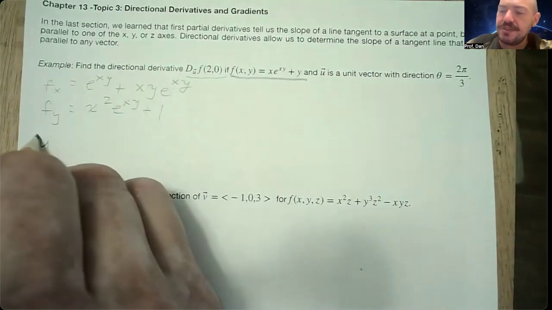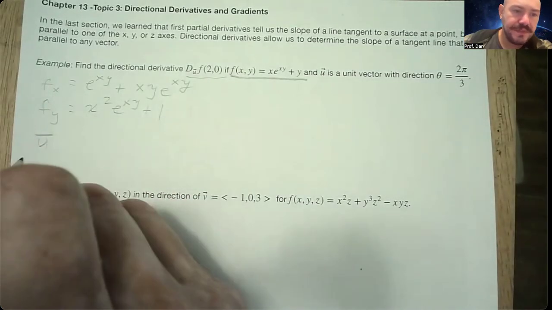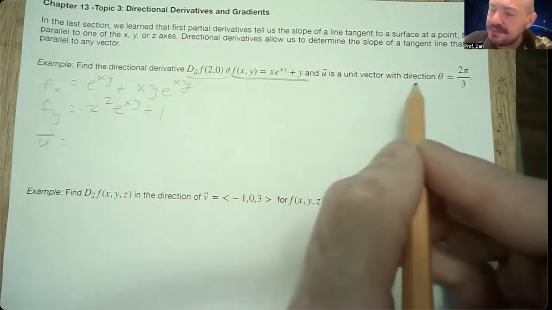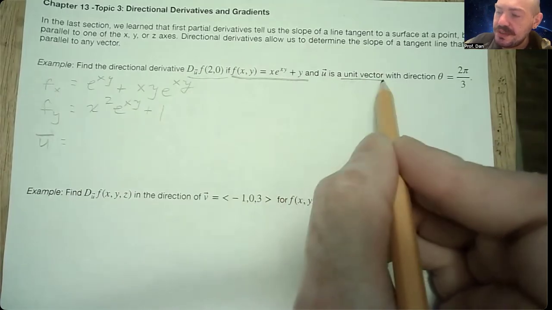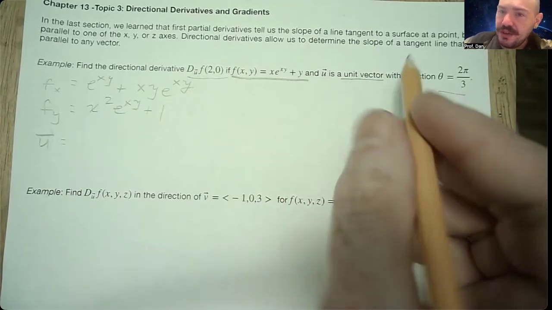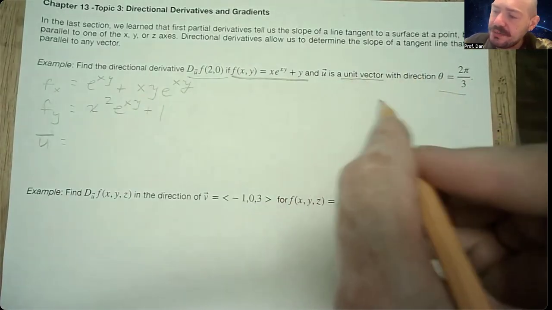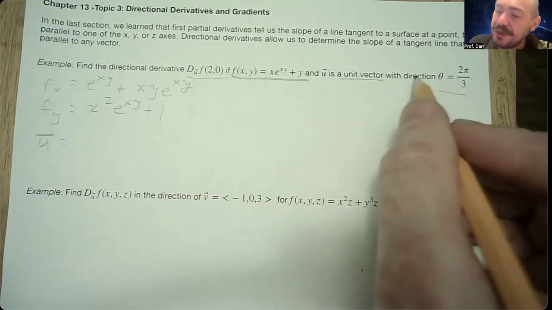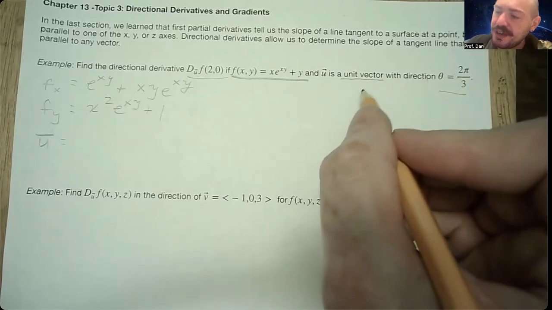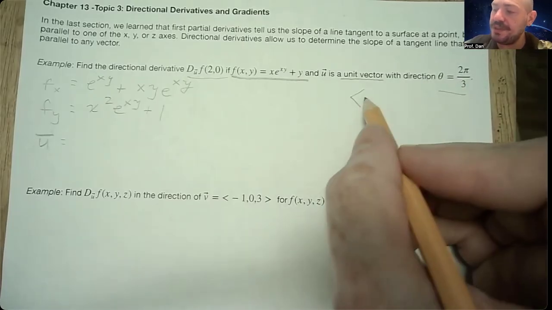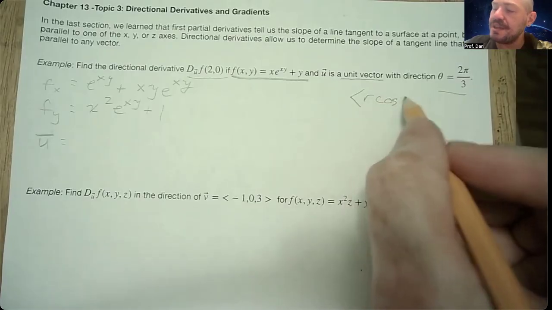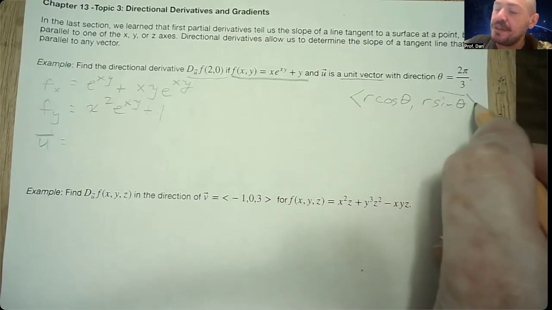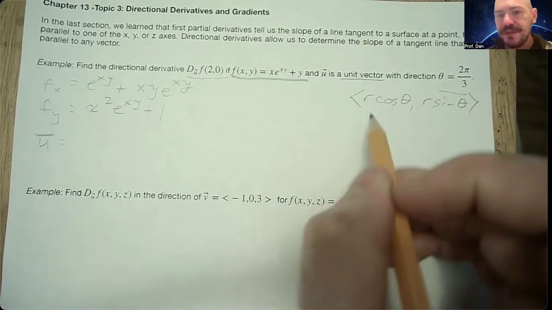The next thing we need is to write out a unit vector. It says unit vector and then it gives us a direction. Remember, when we have a direction, we can write our vector out in component form by doing r cosine theta for the x component and r sine theta for the y component. Remember, r is the magnitude of the vector.